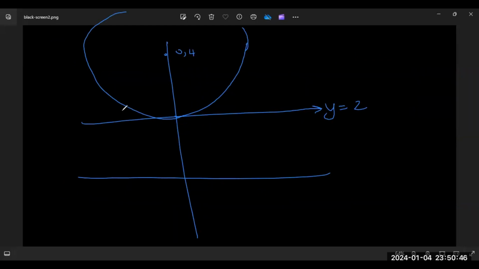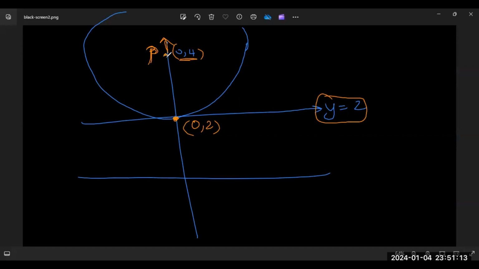Radius will be 2. How? The circle is offset, right? So it will be 4 minus 2. Very right. So the circle center is 0, 4, and what will this point here be? 0, 2. How do we know? Because the y coordinate is 2. It lies on the y-axis, so the x-coordinate will automatically become 0.